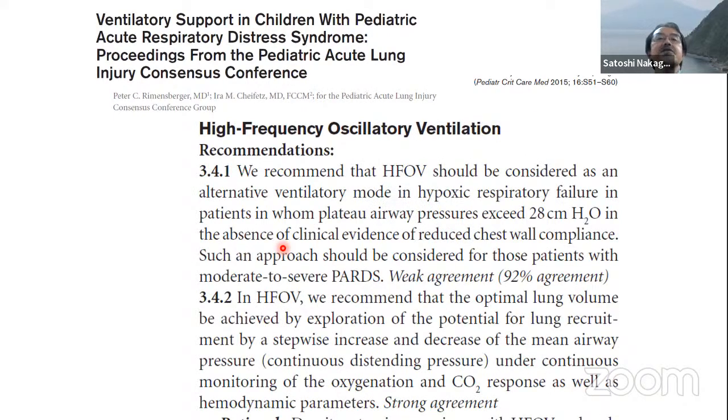We recommend that high-frequency oscillatory ventilation should be considered as an alternative ventilatory mode in hypoxic respiratory failure in patients whose plateau airway pressure exceeds 28 centimeters of water. So when the peak airway pressure or plateau airway pressure hits 28 to 30 centimeters of water, we usually consider switching the mode from conventional to high-frequency oscillation mode.